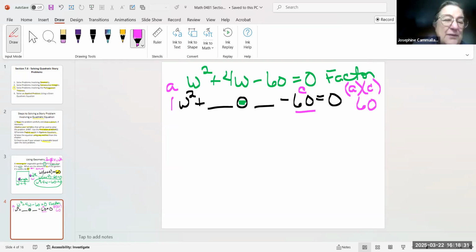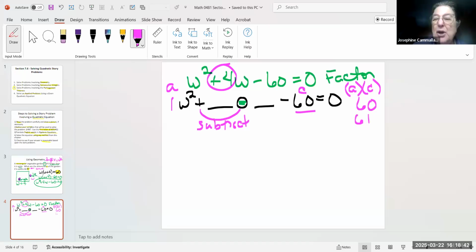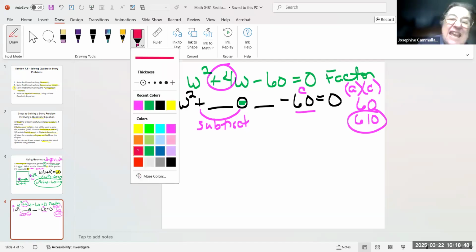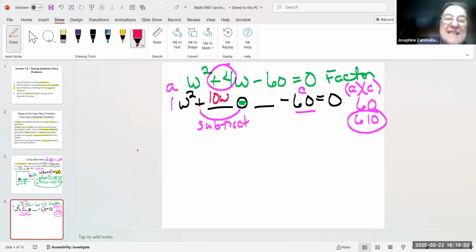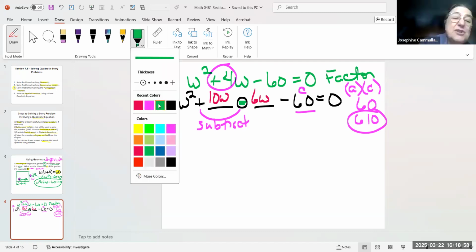Now, because I have 2 different signs, I want to subtract to get a positive 4. Well, hopefully you know 6 times 10 are the 2 numbers I need. But the 10W has got to sit with the plus. 6W is here.